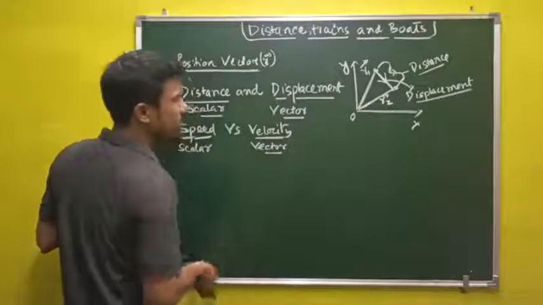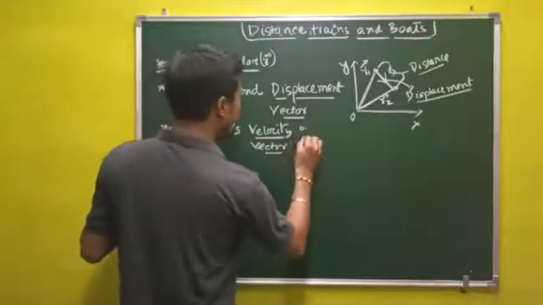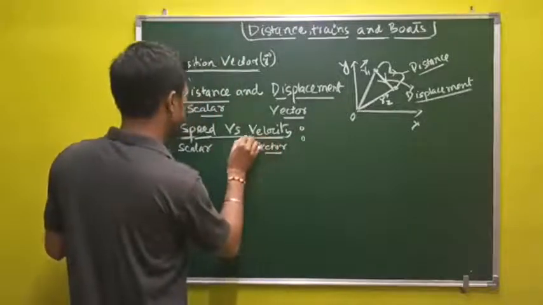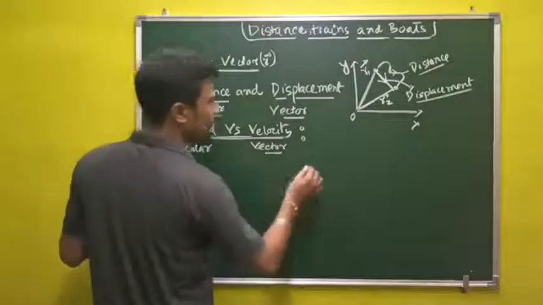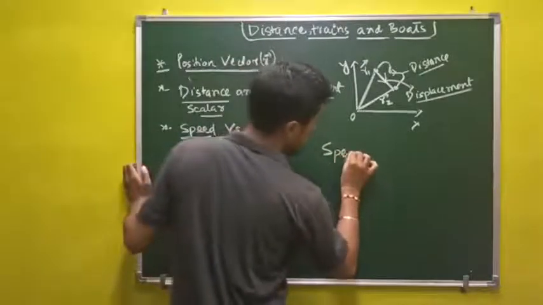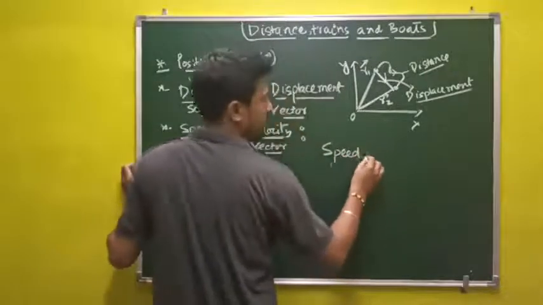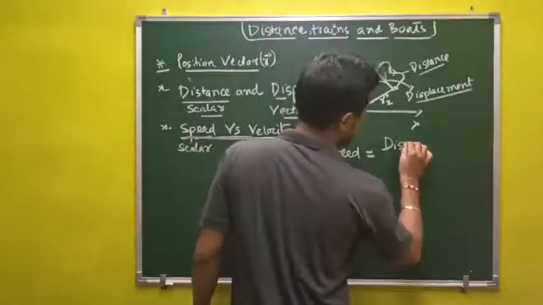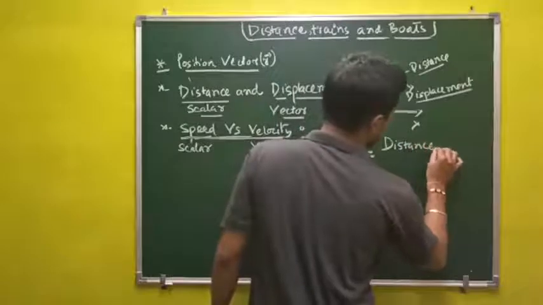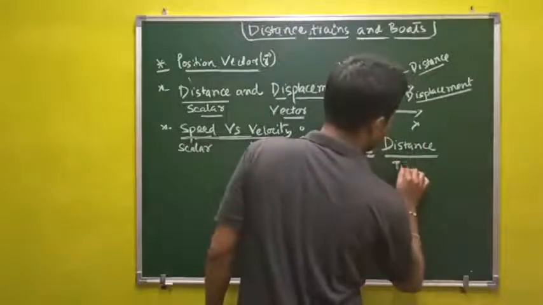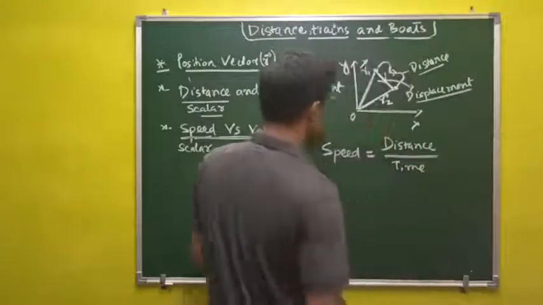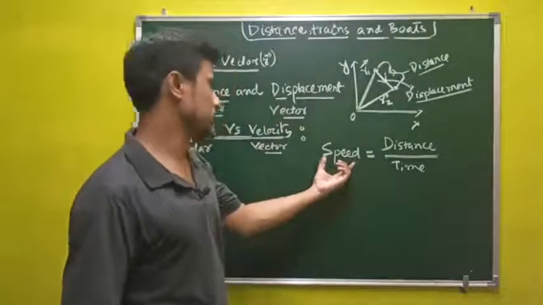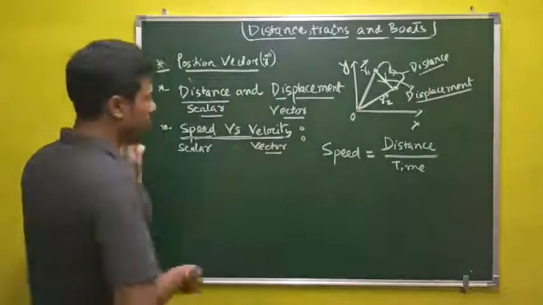So what is speed? Speed is the change of distance with respect to time. We can write speed as equal to change of distance with respect to time. It has no direction, since it is a scalar quantity.